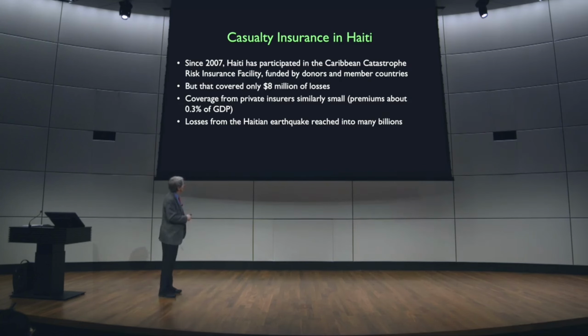So why weren't the Haitians insured? There was an organization trying to get them to do it, and they could have bought it, but apparently there was a resistance, maybe a mistrust of institutions, a tendency to believe in good luck or something like that.